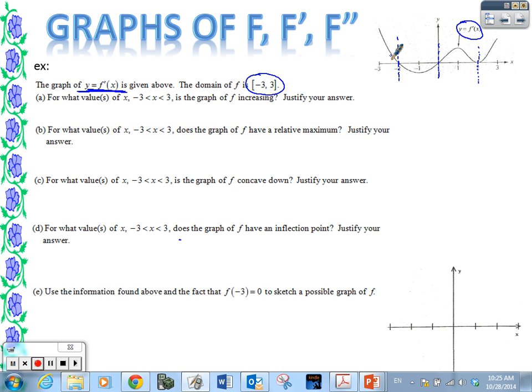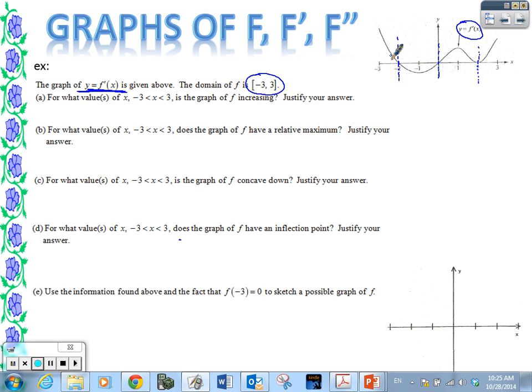Now, we also need to make sure we understand, I don't get the signs by reading the slopes here. If I read the slopes of this graph, what would I be finding? The signs of the second derivative, right? That's not what I want. I want signs of this particular derivative, which is the first derivative. So I'm going to be looking at y values. What is the sign of my y value?